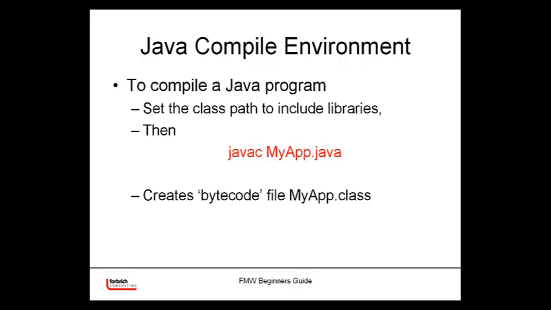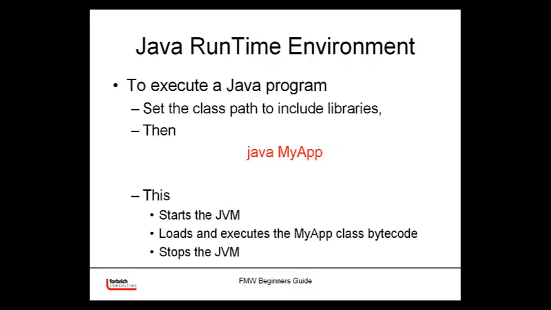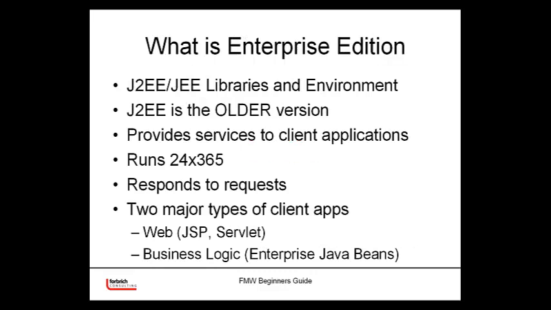So in the Java programming environment, we compile using javac. We run using java and the name of the program, the name of the object class. But if we want to write or run Enterprise Edition, we've already started the Java virtual machine.